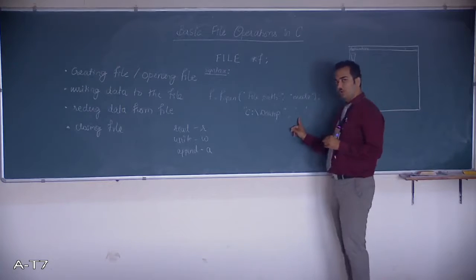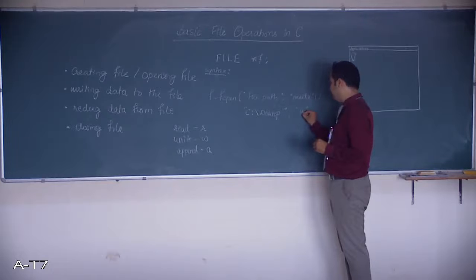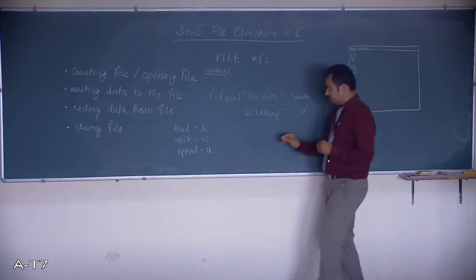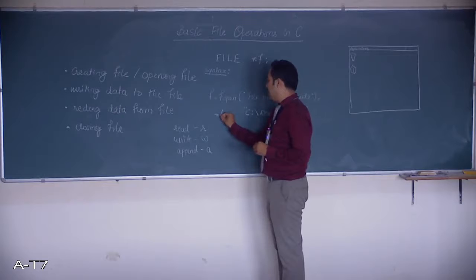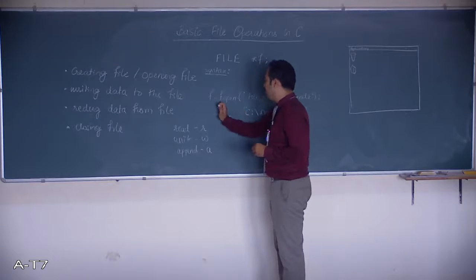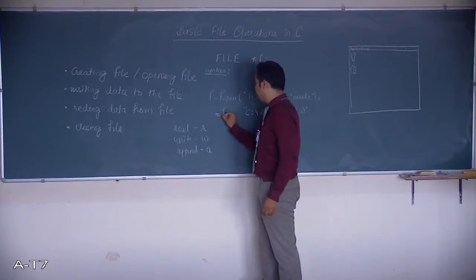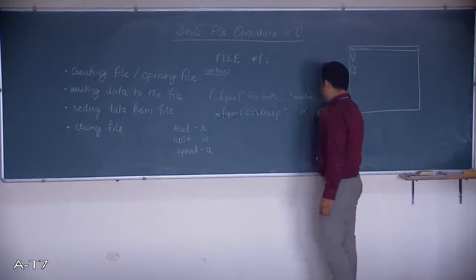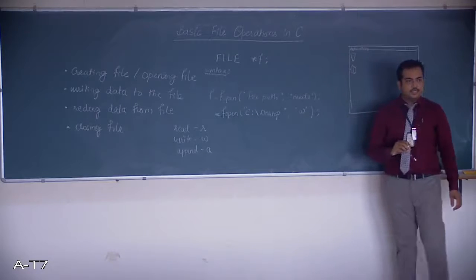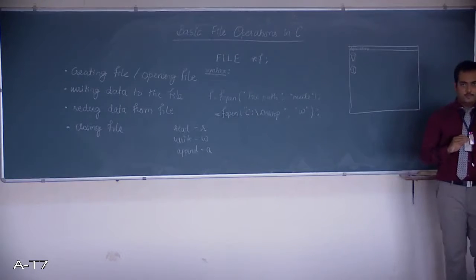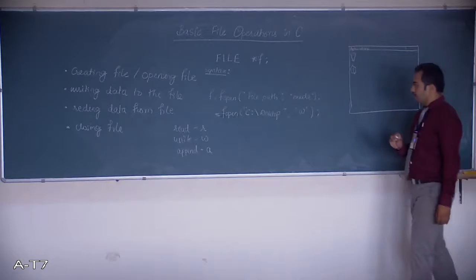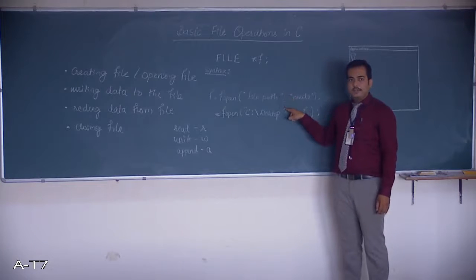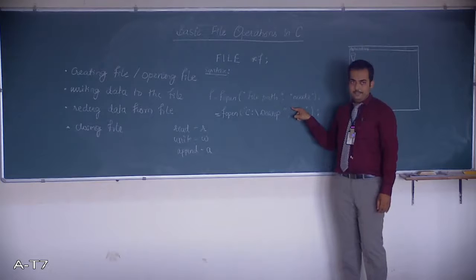Suppose you want to open this file in write mode, then you would mention W here. So this would go as your parameters for fopen, and you terminate it with a semicolon. Okay. Now in this path we also have to append the name of the file at the end.